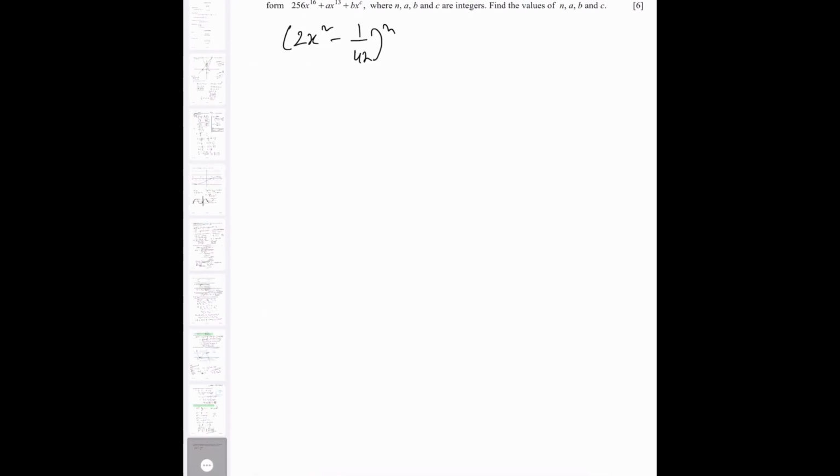Using the binomial expansion: (2x^2)^n plus n by 1 factorial, (2x^2)^(n-1) into 1 by 4x, plus n(n-1) divided by 2 factorial, (2x^2)^(n-2), 1 by 4x whole squared.